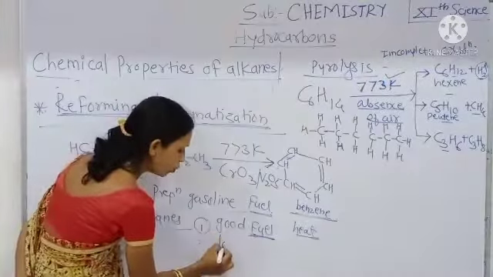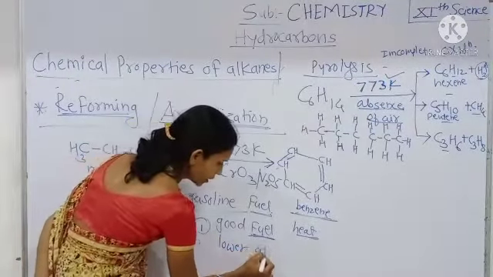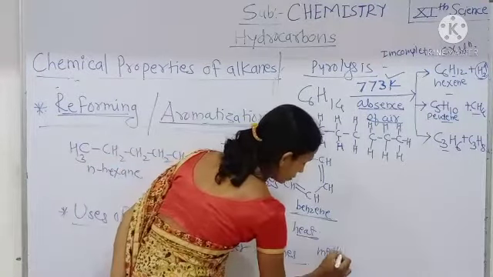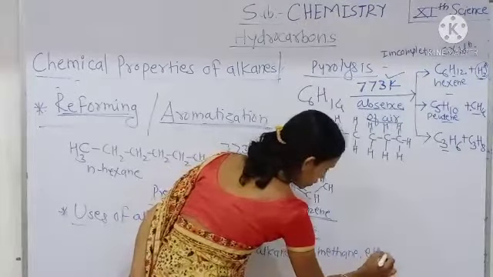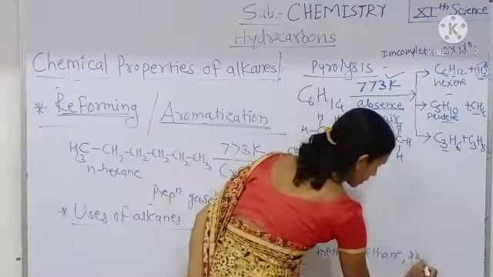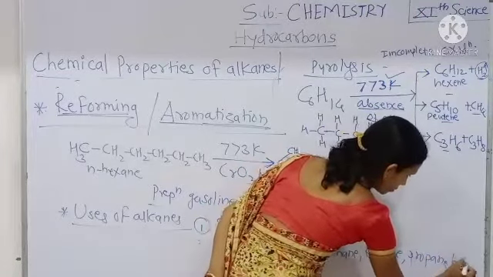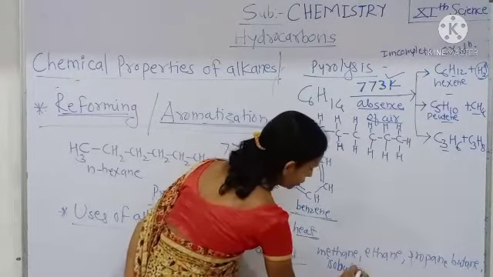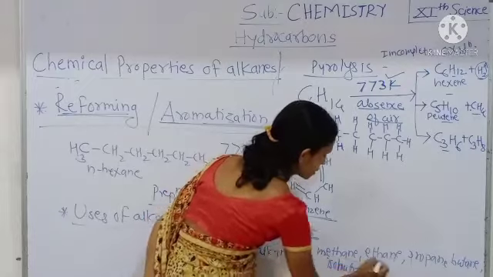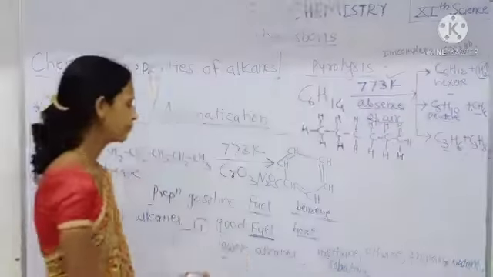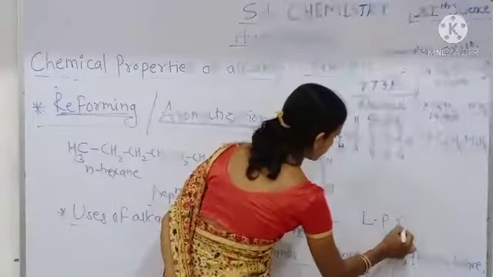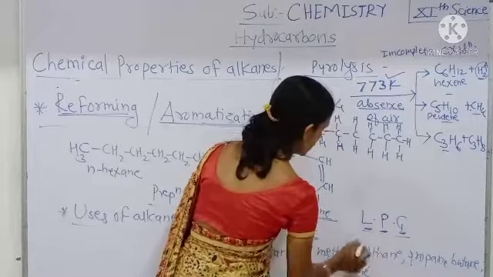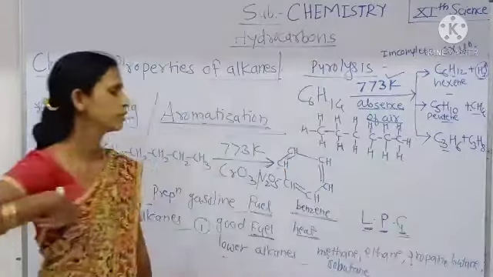That means lower alkanes, that is methane, ethane, propane, butane and isobutane, are used in LPG cylinders. LPG, liquefied petroleum gas.